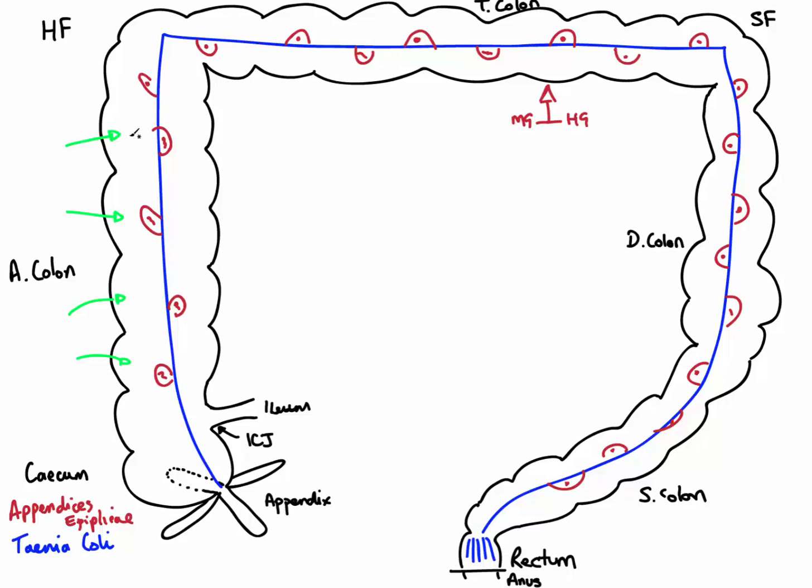The length of the taenia coli is shorter than the length of the large intestine, and that means it's contracted and it pulls the large intestines into these sacculations, and these are known as haustra. You can see we have these haustra, H-A-U-S-T-R-A there, haustra. We can see these are all the way along the large intestines.